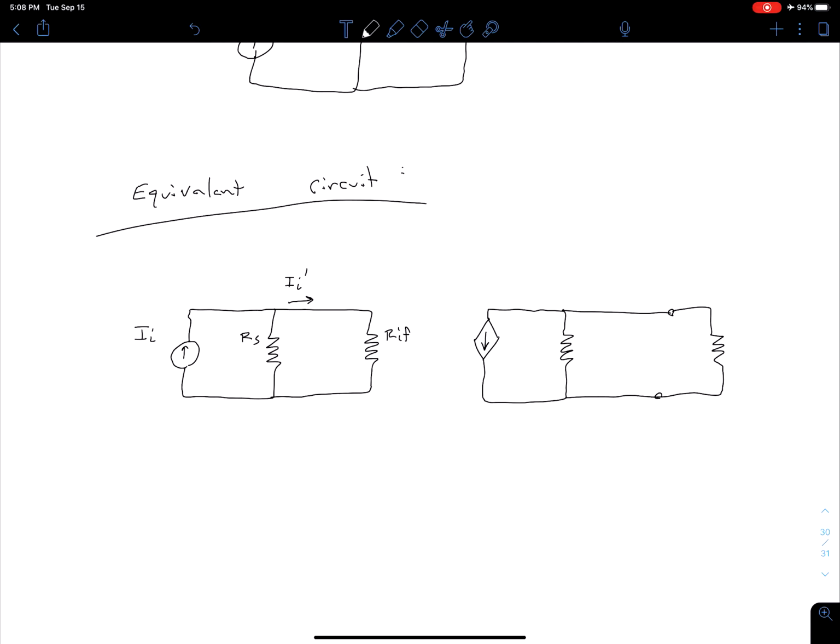Then over here on the right side, we have our closed loop gain for the amplifier, A_if, multiplied by that I_i prime. We also have our output resistance of our amplifier configuration, and then finally our load resistor R_L, and we would have our output current defined like this. So of course everything in this green area here represents that amplifier configuration with feedback.